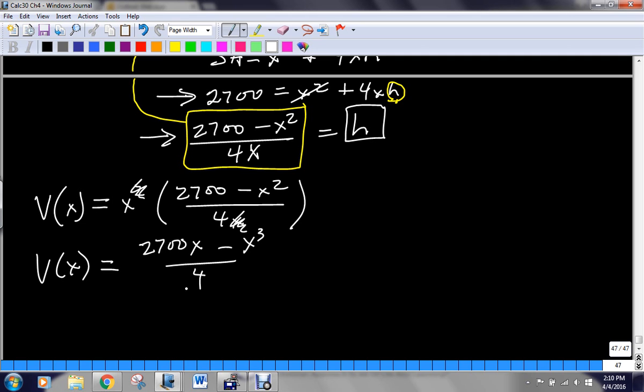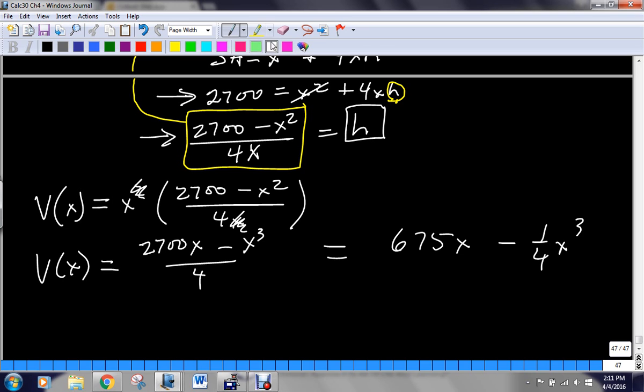In the textbook they divide this into two terms, but you don't have to. I think it's just as easy. We can do quotient rule just as easily, but you can do whatever you want. Like they do in the textbook, they do 2700 divided by 4 to get 675x, and then minus 1/4 x cubed. So they do it in two separate terms, which is totally fine.